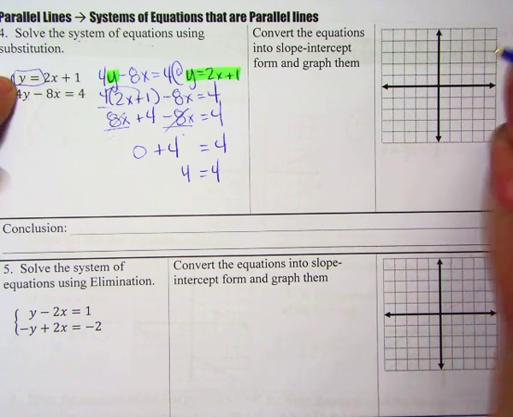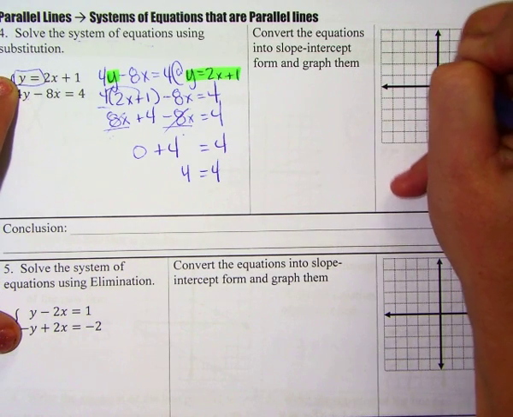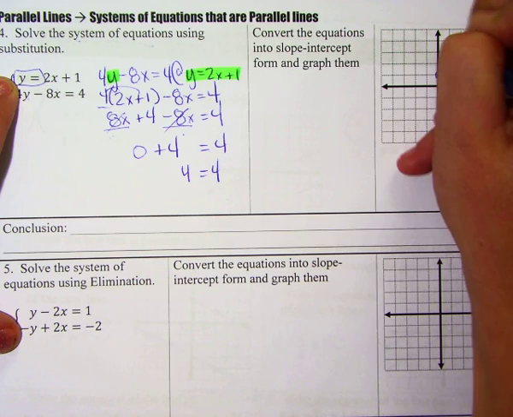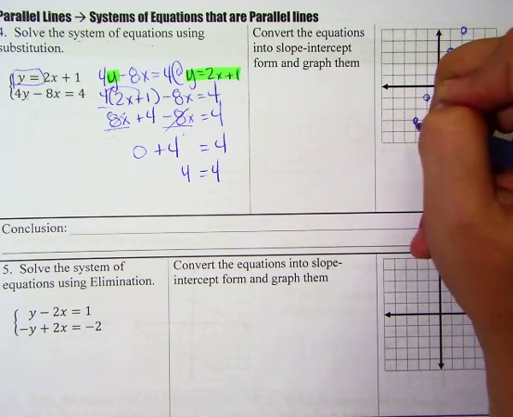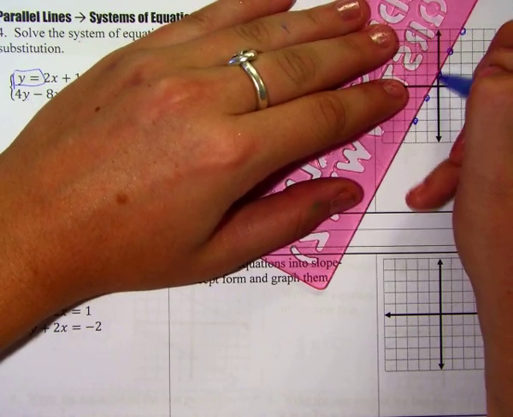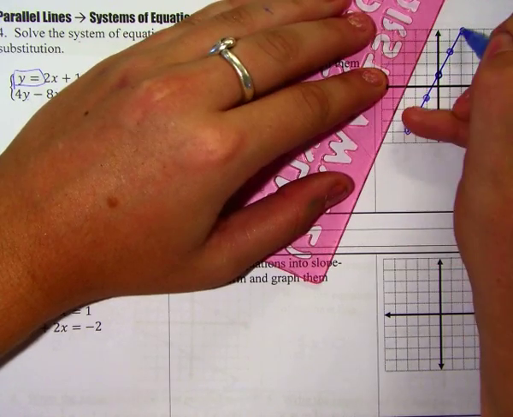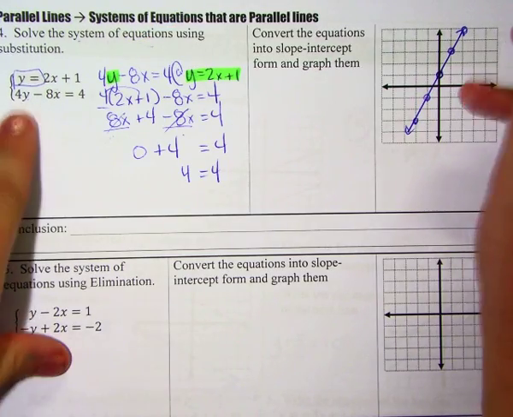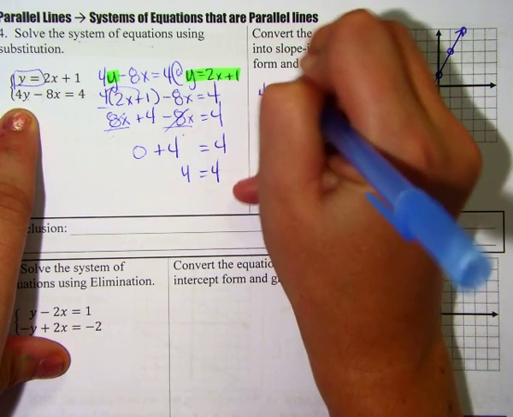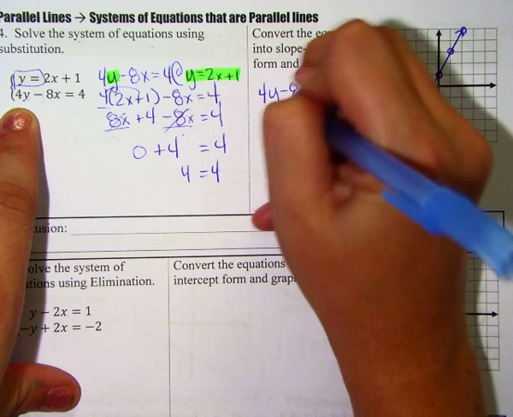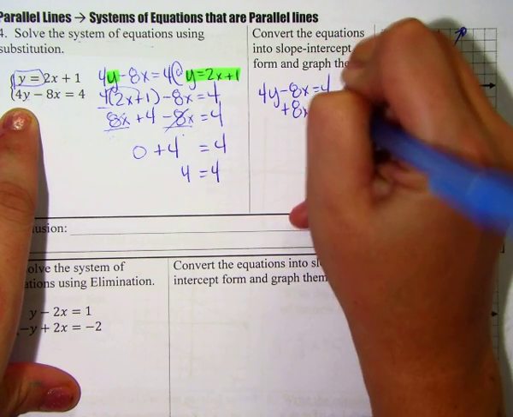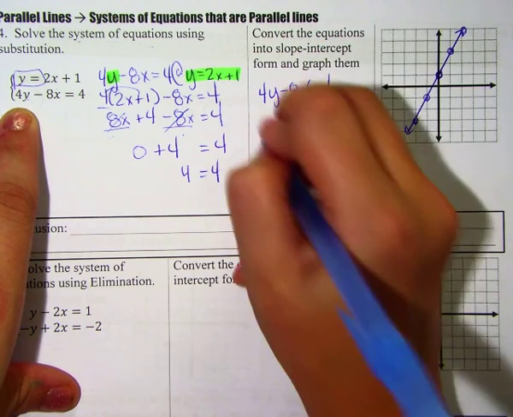I'll graph the first equation. Y-intercept is 1. Rise 2, run 1. Draw a line. So that's the first equation. The second equation, 4y minus 8x equals 4. I need to isolate the y, so I'll add 8x to both sides.